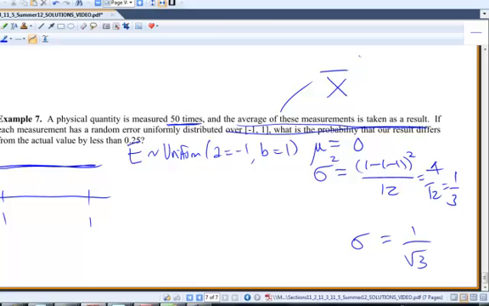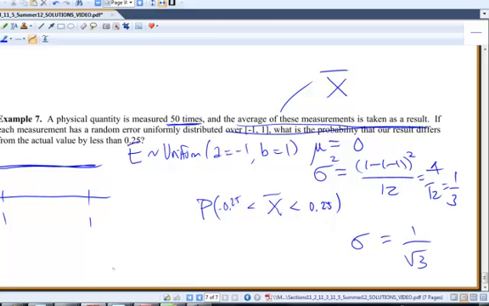What is the probability that our results, so the average, differs from the actual value by less than 0.25? So what's the probability that x bar, the average of these measurements, is less than 0.25 off, which would mean it could be off in either direction, right?